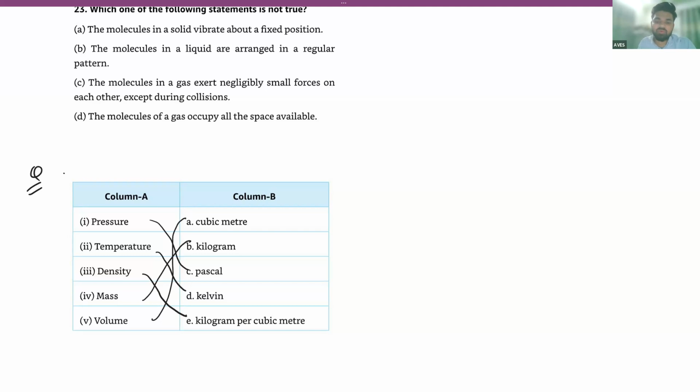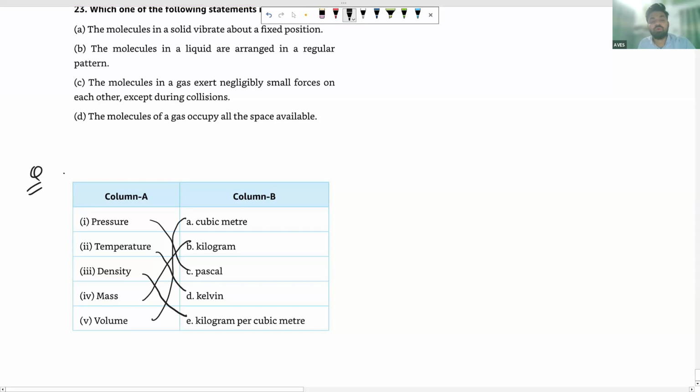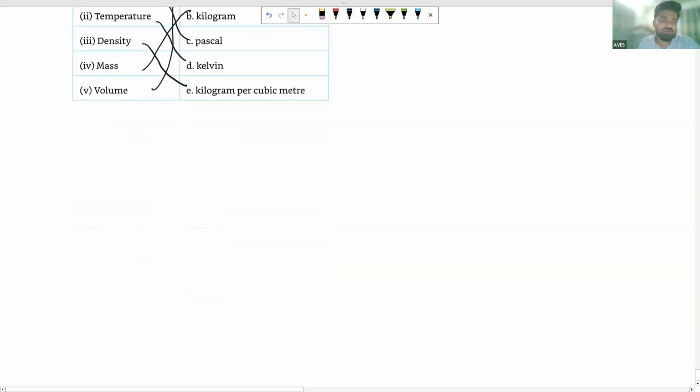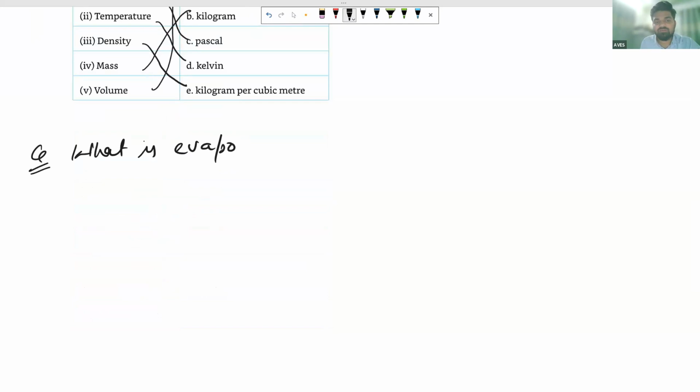Conversion of liquid into gas below its boiling point.